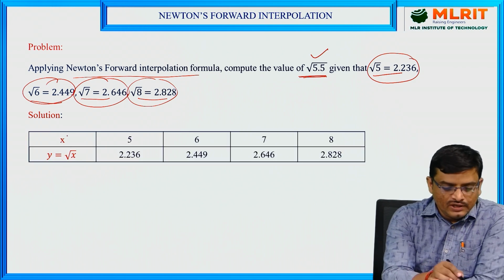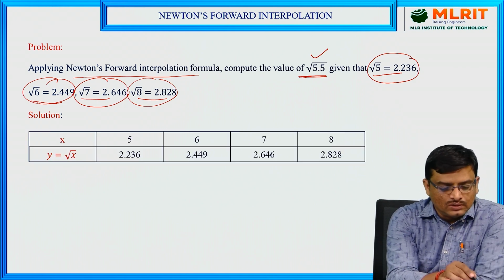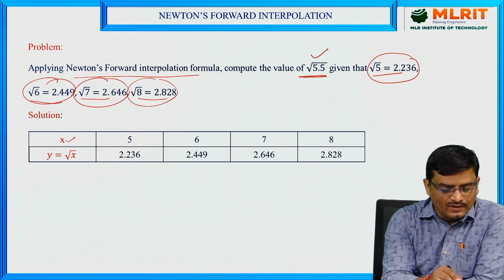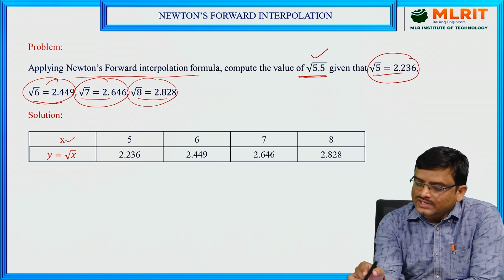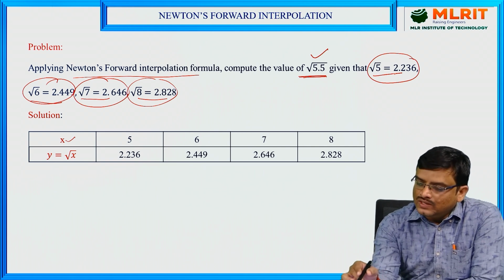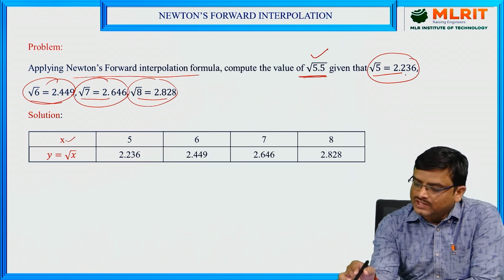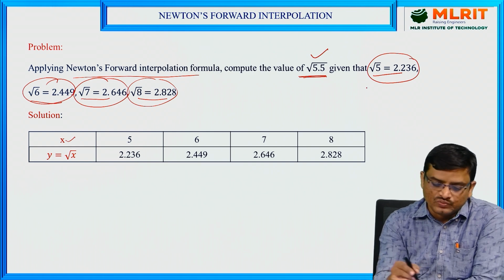Okay, so here the common function is root. Whatever values we have under the root in the given data, I have considered those as x values, and whatever values we got on the RHS after the equal sign, I have considered those as y.